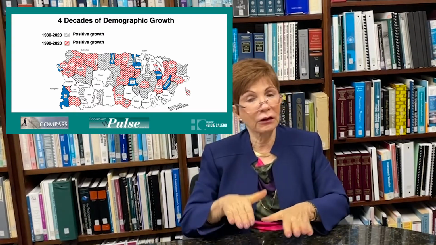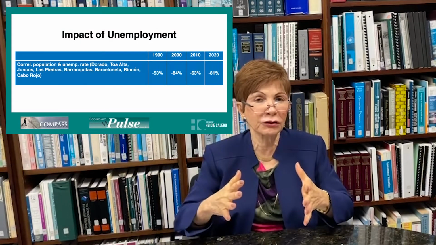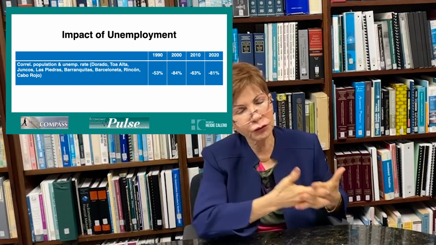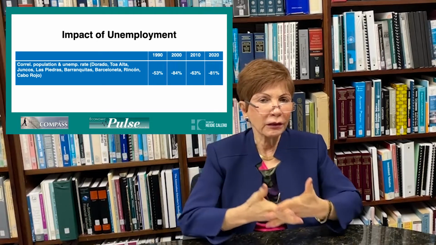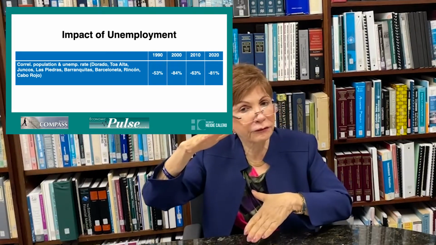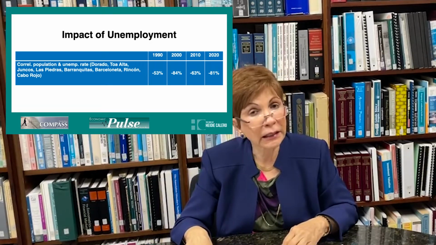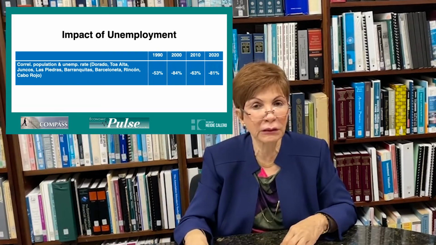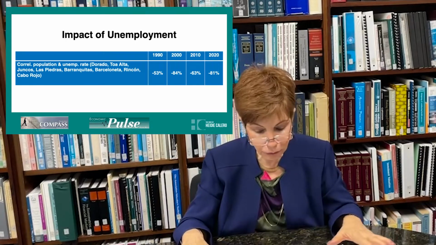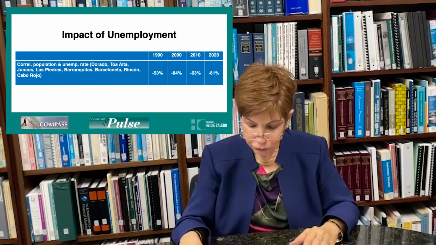Notice here a correlation. True, there are only 7 or 8 observations, with those municipalities that depicted population growth from 2000 through 2020. Well, we notice that the unemployment rate also runs in a negative trend with respect to population growth, which means all these negative correlations from 1990 through 2020 for these 8 municipalities: Dorado, Toa Alta, Juncos, Las Piedras, Barranquitas, Barceloneta, Rincón, Cabo Rojo, sort of a sample of Puerto Rico's counties.